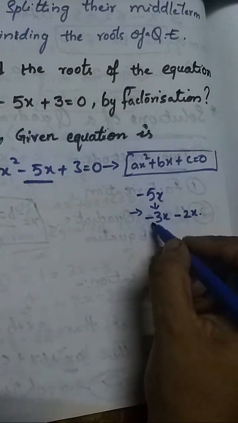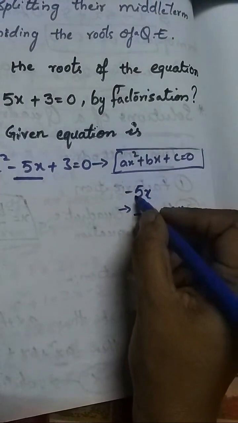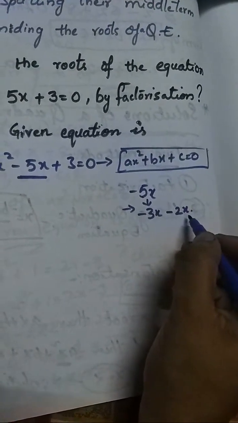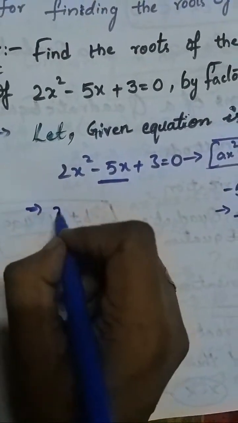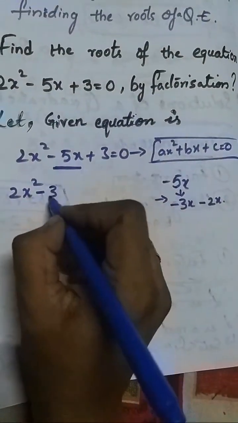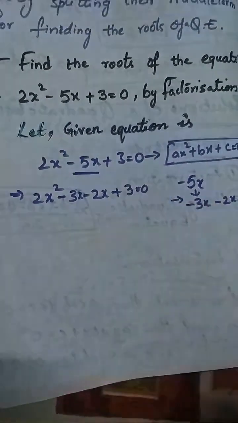After adding we will get minus 5x only. So split this 5x into minus 3x and minus 2x. Now write down 2x square minus 3x minus 2x plus 3 is equal to 0.